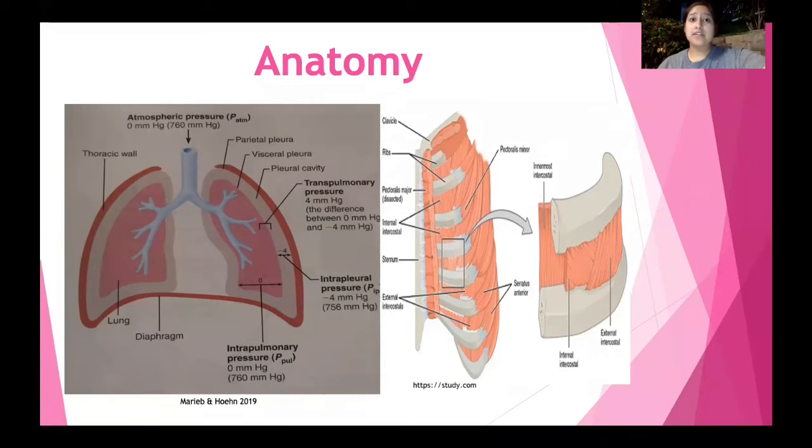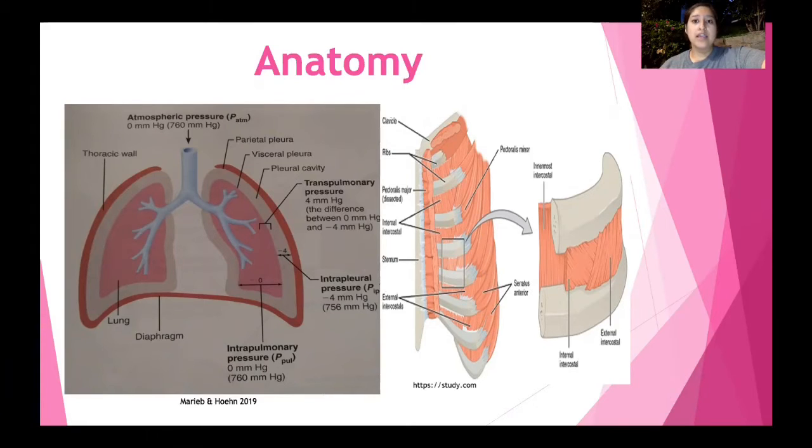To understand ventilation, you need to understand that there are pressure gradients between the lungs and the atmosphere. So, atmospheric pressure, or PATM, is the pressure of the air outside the body. Intra-alveolar pressure, also known as intrapulmonary pressure, or PPUL, is the pressure inside the alveoli of the lungs.